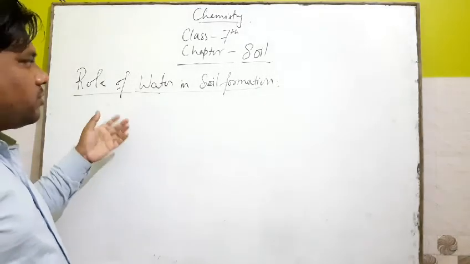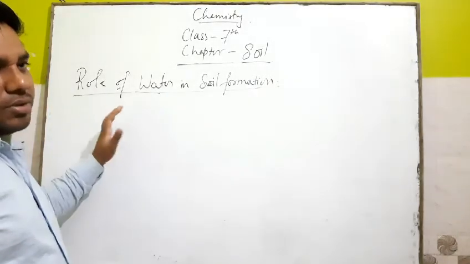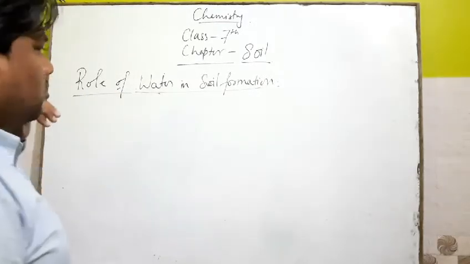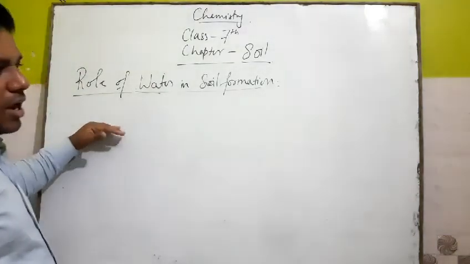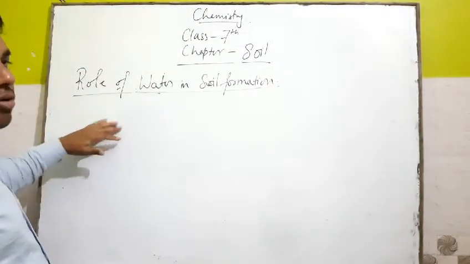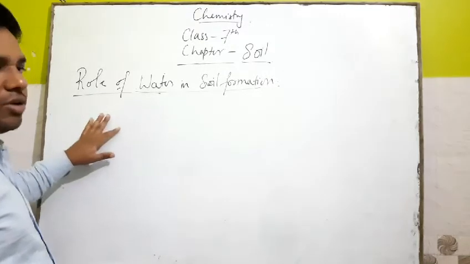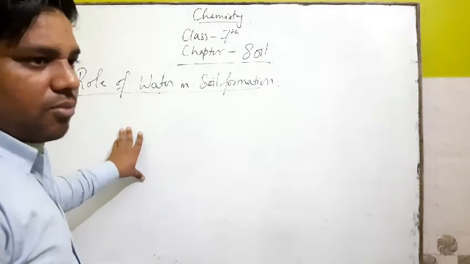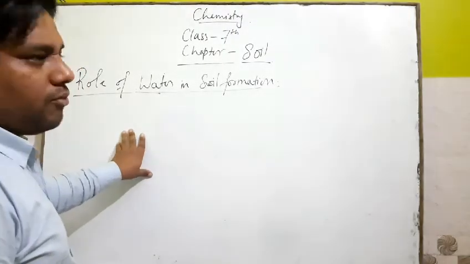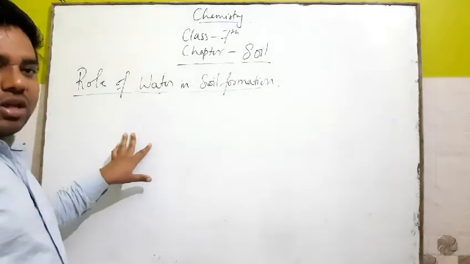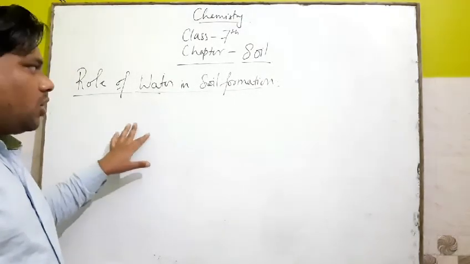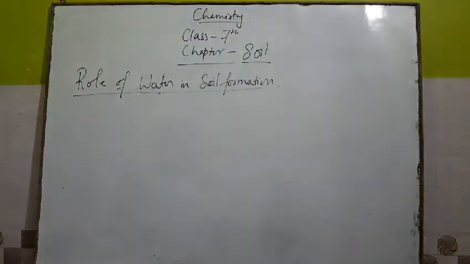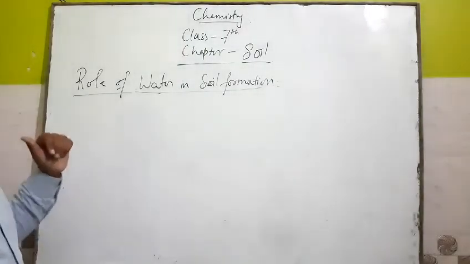Due to this outward force, the rock can break into smaller pieces, and these small pieces go down. They strike each other and form powder. They convert into very fine particles, and with the help of wind and water they move and mix with organic matter and form soil. This is the help of water in soil formation. Clear?